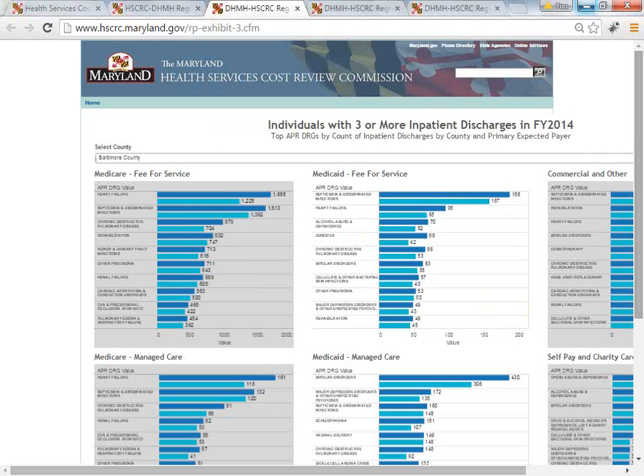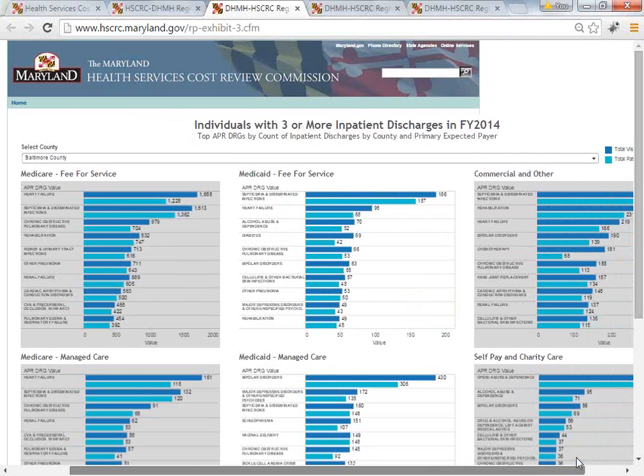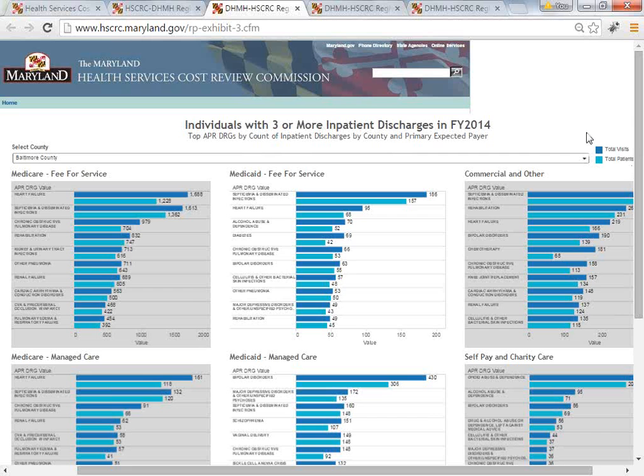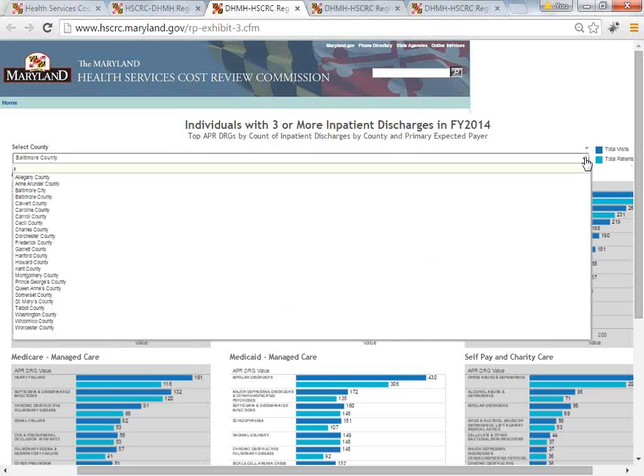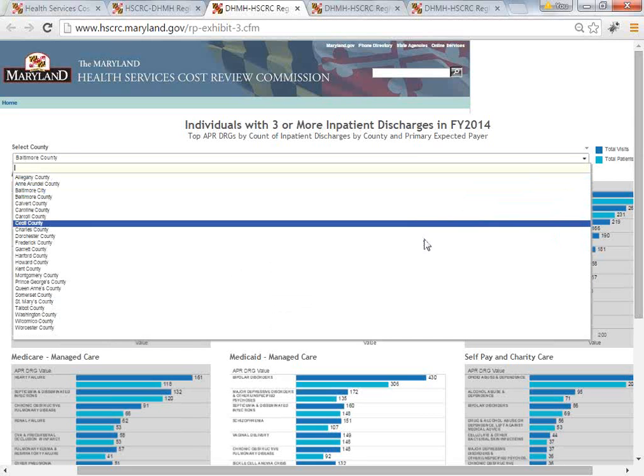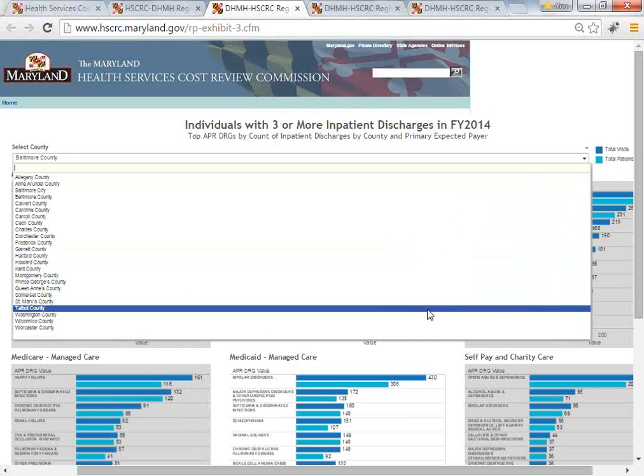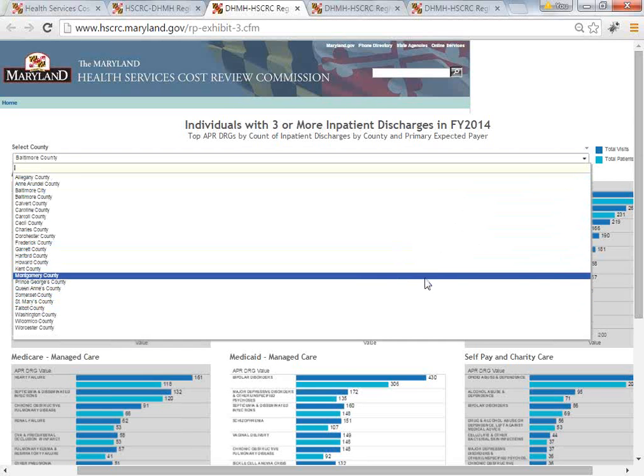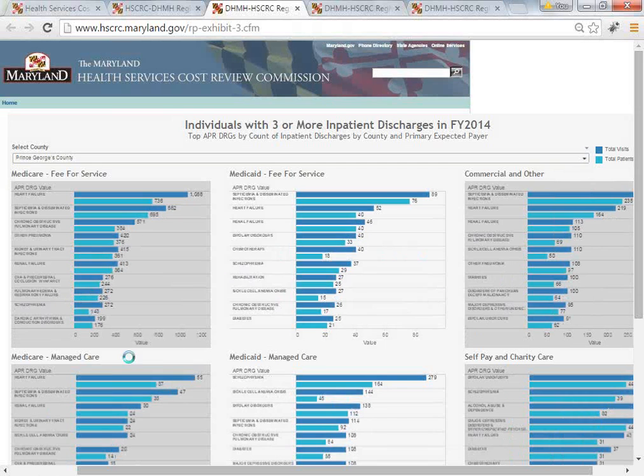And again, I don't know how to zoom out, I apologize, but what you would do up here is select what county you were interested in. So I'm going to go lower this time. Let's pick Prince George's County.